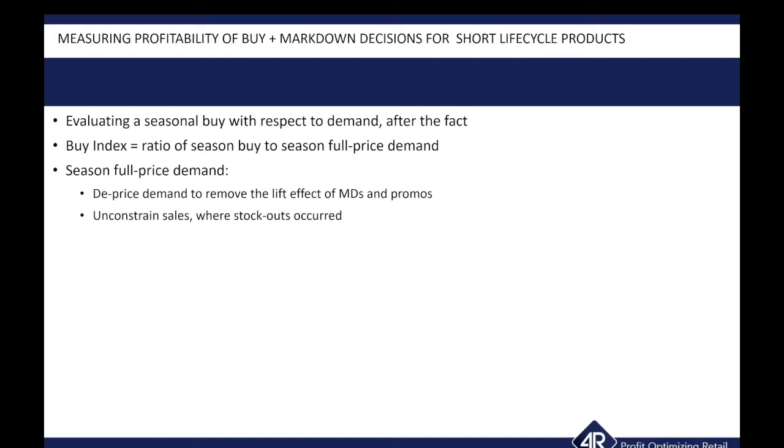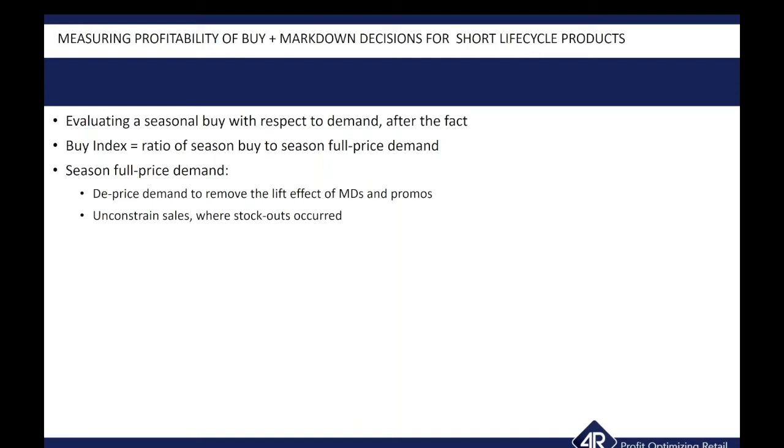So basically infer demand from sales, because sales are a censored representation of demand. Censored in the sense that when inventory is not available to fulfill demand, most likely we experience low sales. So if you could unconstrain sales and observe true demand and infer that demand at full retail price, that's what we call season full price demand.